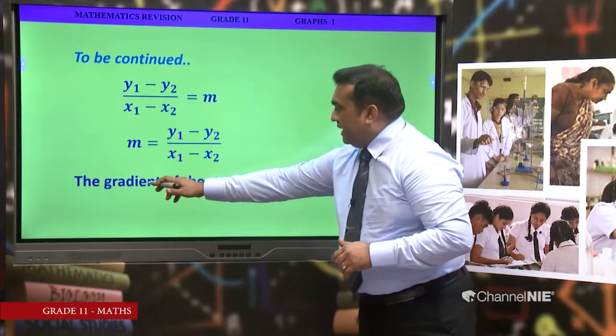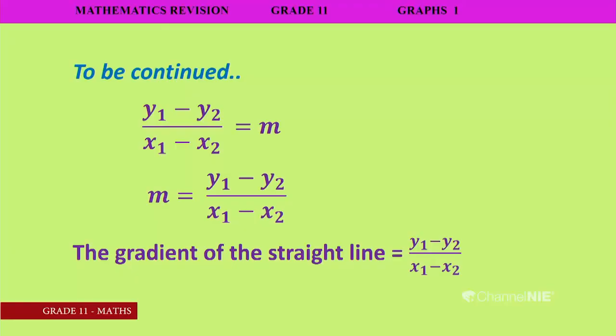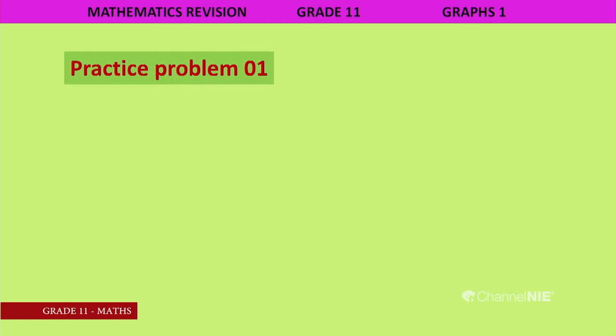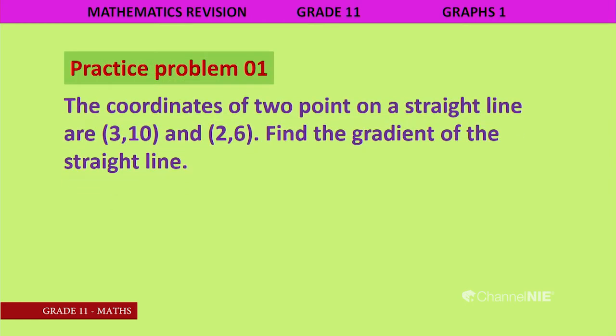The same thing: the gradient of the straight line equals (y1 minus y2) divided by (x1 minus x2). Now we are going to practice the concept by solving problems. The coordinates of 2 points on a straight line are (3, 10) and (2, 6). Find the gradient of the straight line.